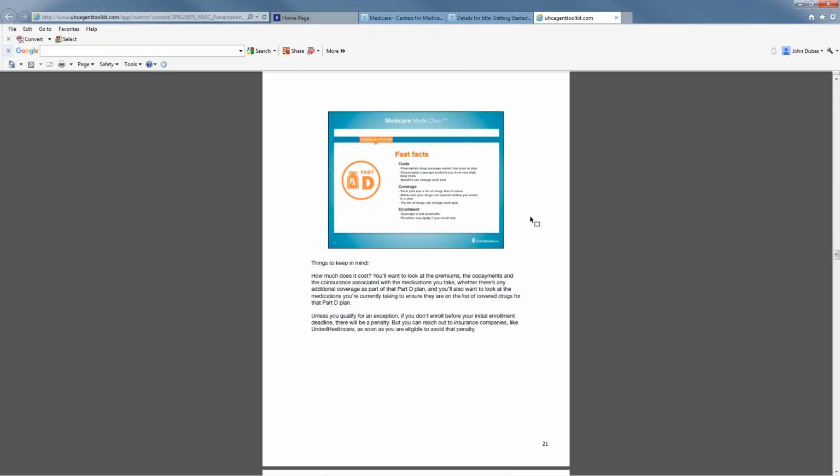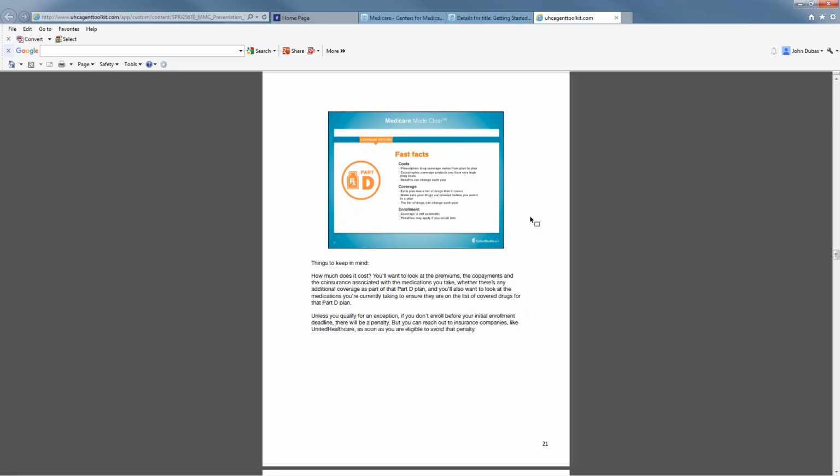So some fast facts about Part D plans. What does it really cost? Because you'll want to look at a combination of the premiums for the plan itself, the co-payments and co-insurance associated with the medications you take, and whether there's any additional coverage that is part of that plan. You want to make certain that the drugs are on the list that are part of that program.